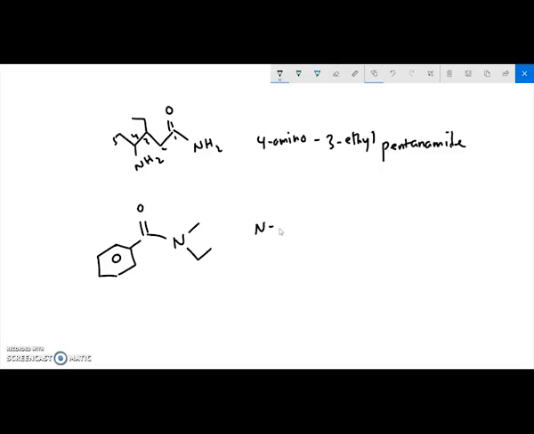So in this case, this will become N-ethyl, N-methyl, to indicate that the substituent is located on the nitrogen atom of the amide compound. So don't forget the parent name. The parent name is from the benzoic acid, so it will become benzamide. Again, I would like to highlight that if the substituent is attached to the nitrogen, we need to use the prefix N. If the substituent is located on a parent chain, we're going to use numbers.